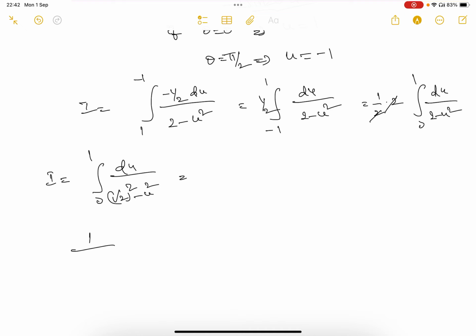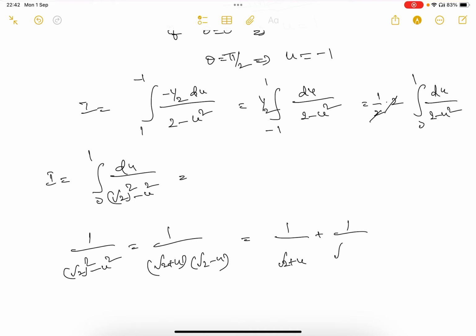So let's do a simple calculation here, right? This can be written as root 2 plus u into root 2 minus u, right? Then this can be written as 1 by root 2 plus u plus 1 by root 2 minus u. Let's try this. If it's minus here and plus here, what will be the numerator?